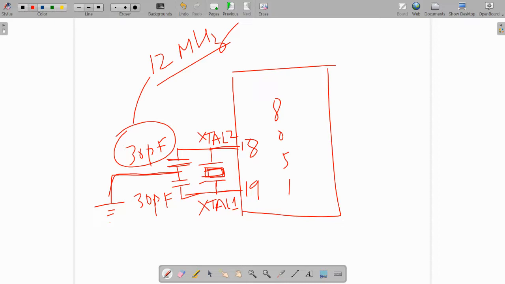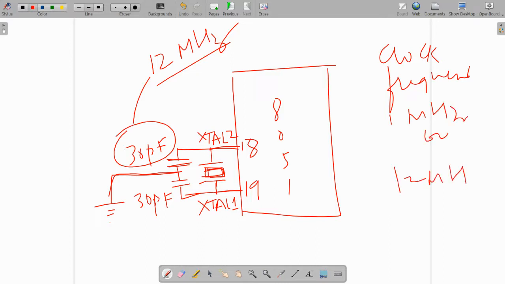Now whenever we want to give the 8051 12 megahertz, when I talk about the clock frequency, the range is 1 megahertz to 12 megahertz. So when I want to give 12 megahertz of clock frequency, this is a setup.